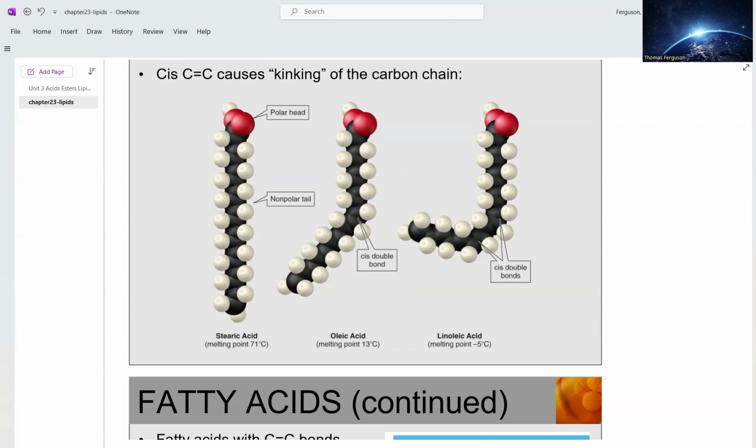It's not a trans, it's a cis. Cis means they're on the same side. Carbons are on the same side as opposed to being across from one another. When they're on the same side, it ends up putting a kink in the long chain. So if you have multiple kinks, it's going to make it look like a fishhook.